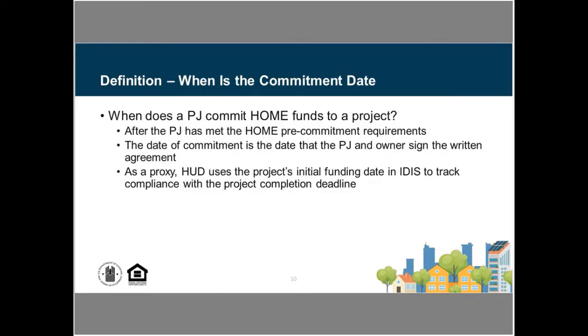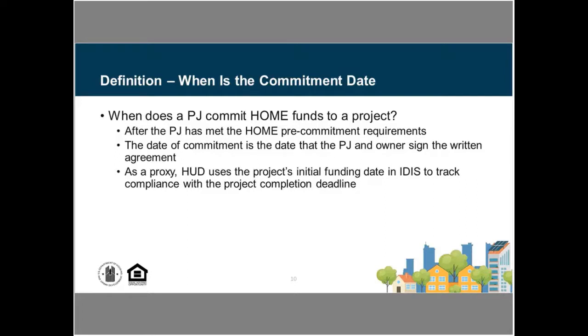Yeah, I think they have misunderstood, unfortunately. So we're going to track initially, and that's probably when we get to the next section, where we're talking about how we might track in IDIS. We will use the date that's showing in IDIS as the commitment date as a sort of placeholder to be able to initially look at the status.